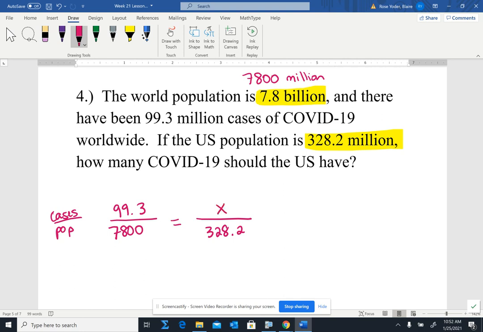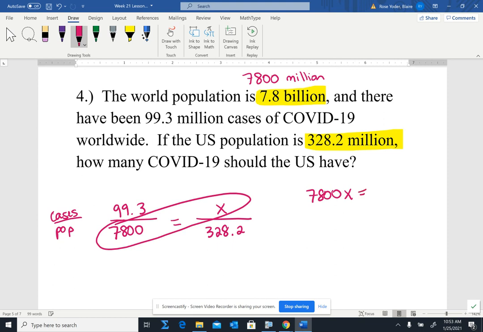For these, it's the setup that's the trickiest part. And then I can do my cross multiplying. But see how we were consistent? It was number of cases out of total population equals number of cases out of total population. So I'm going to cross multiply. I'm going to get 7,800x.